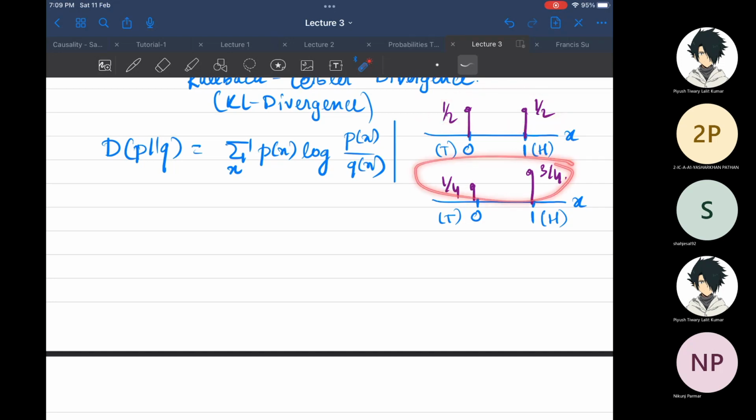I hope you agree that these are two distributions. That distance is characterized by this formula that I have written.